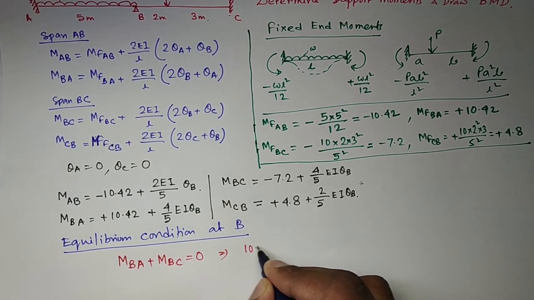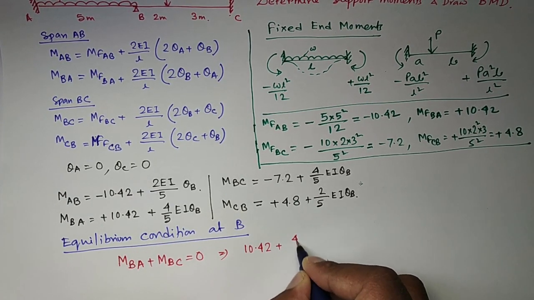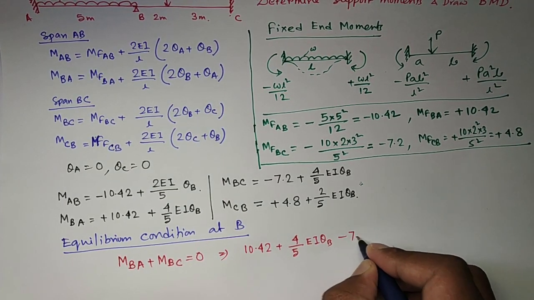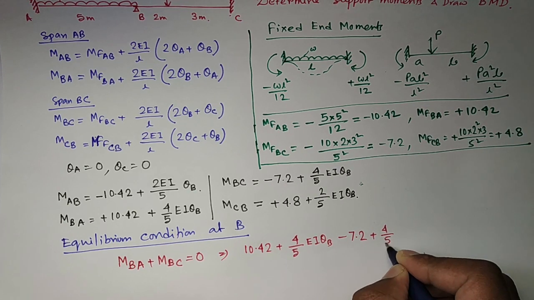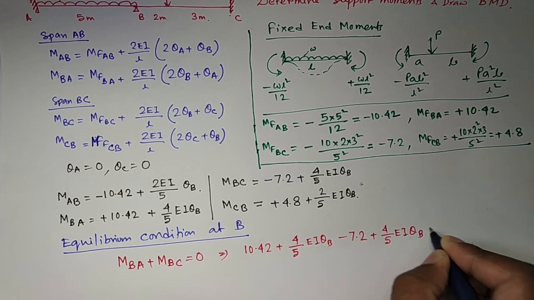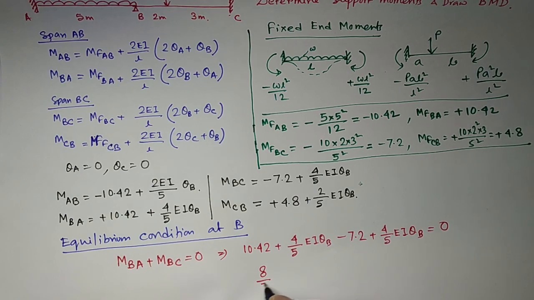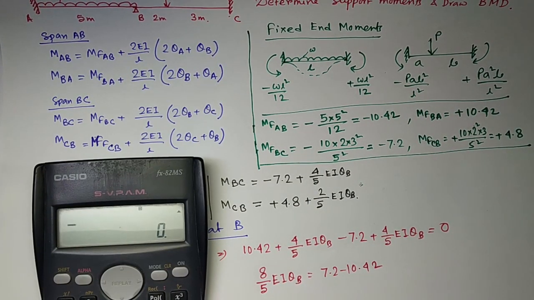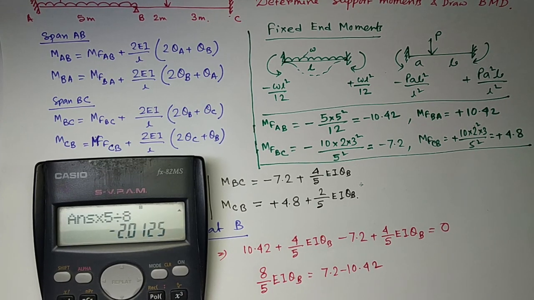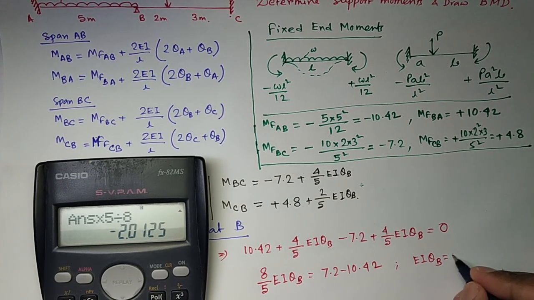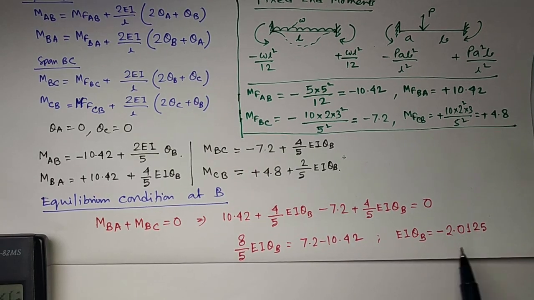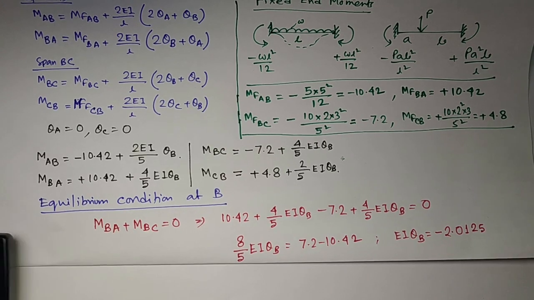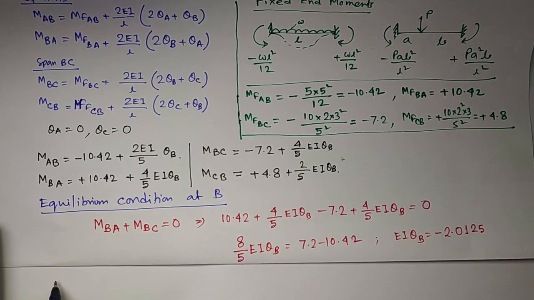So 10.42 plus 4 by 5 EI theta B minus 7.2 equals 0.